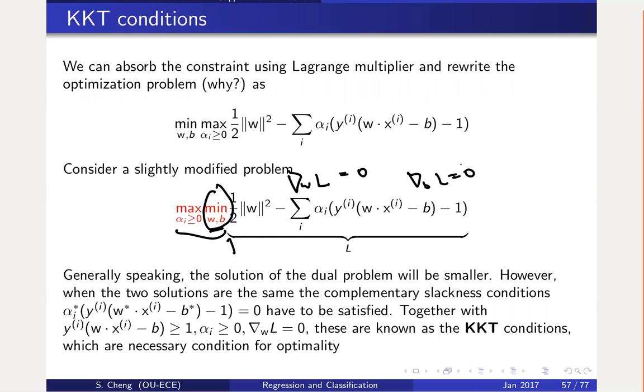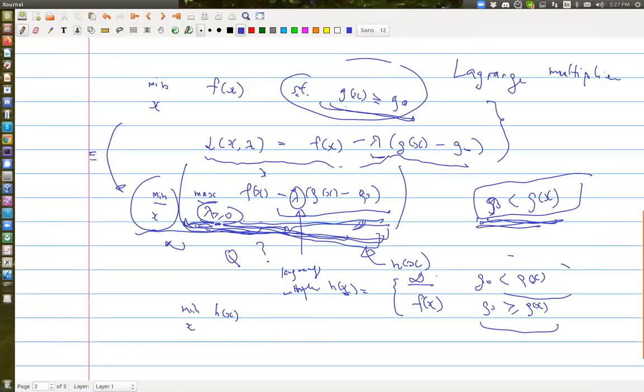And of course, I have other constraints, like alpha i should be bigger than or equal to 0. We need to make sure of that. And note that there's one more constraint, known as the complementary slackness condition. The constraint for your final solution is, for each Lagrange multiplier, maybe I go back to this slide here.